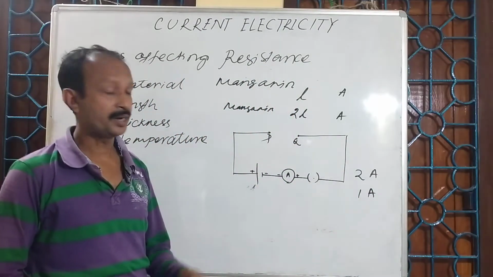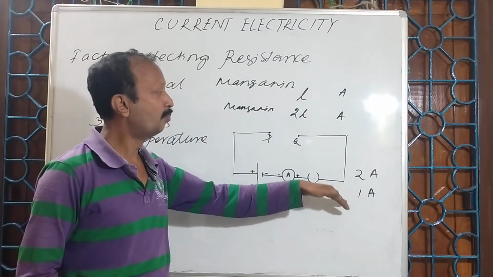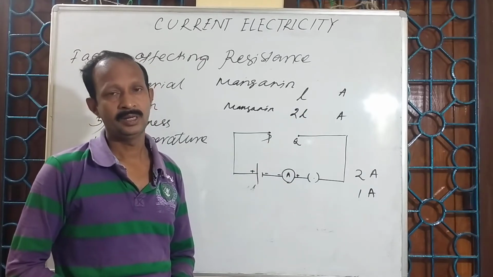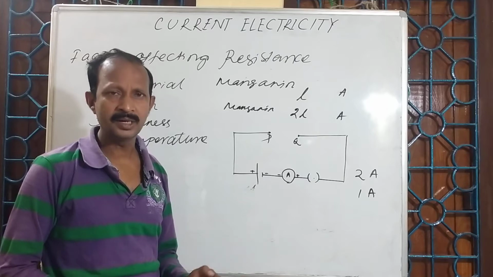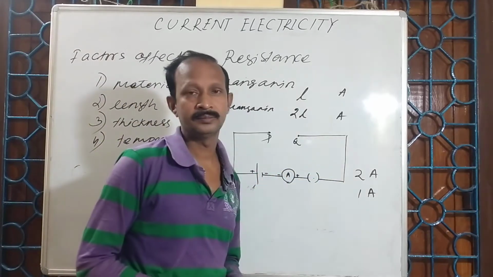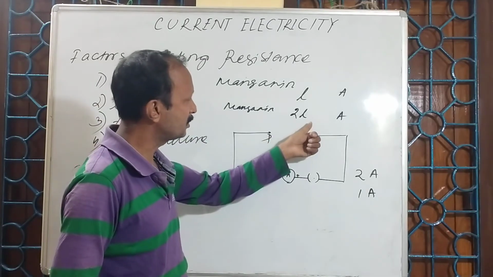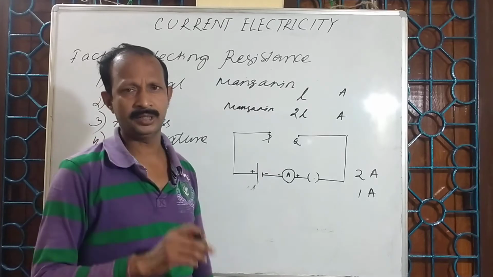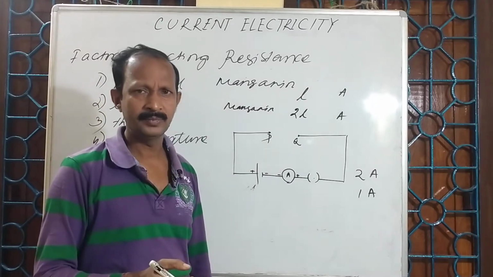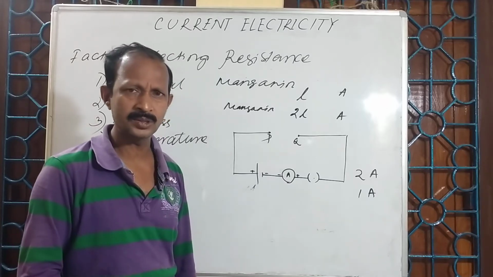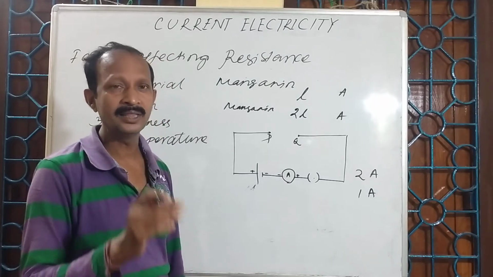That means the resistance in the second case is more than in the first case. What is the reason? The length of the resistor changed. In the second case, the length is twice the length of the first case. Material same, thickness or area of cross section also same. The difference is the length.